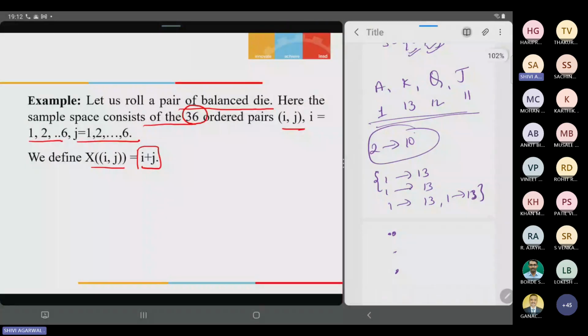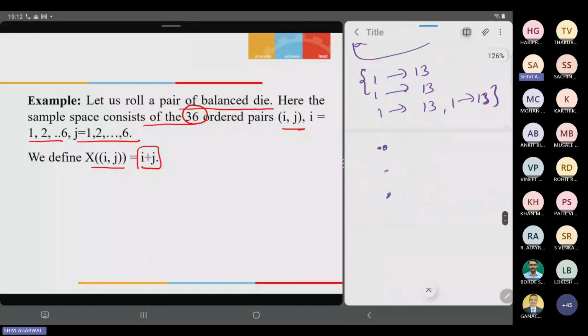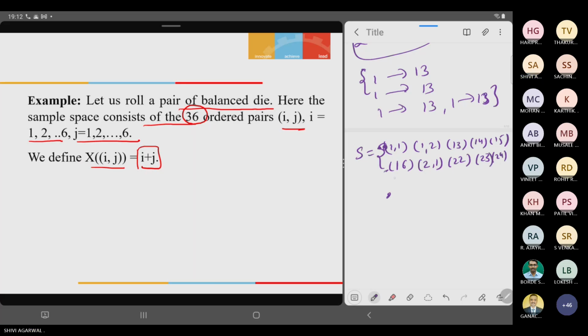I will just show you the sample space. I believe everyone made a sample space; we have already done it. It is 1 1, 1 2, 1 3, 1 4, 1 5, 1 6, 2 1, 2 2, 2 3, 2 4, and so on up to 6 6. So total 36 possible options.